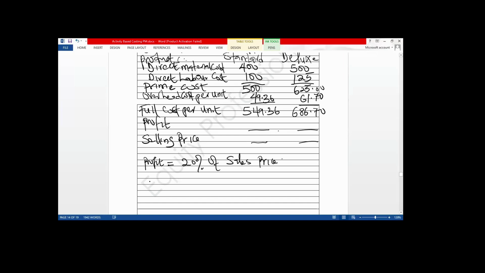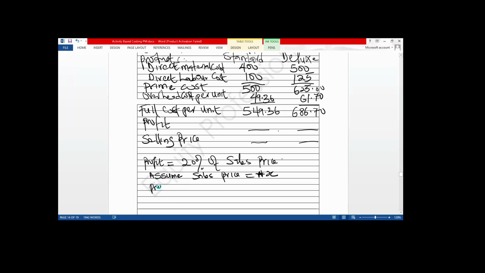I'm just doing math, assuming sales price is equal to X naira.